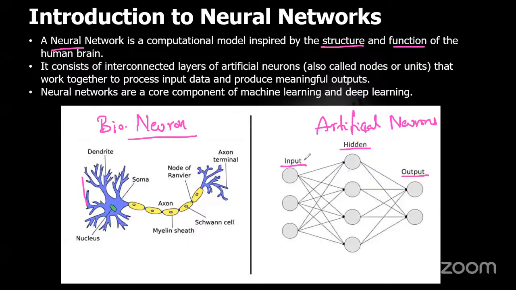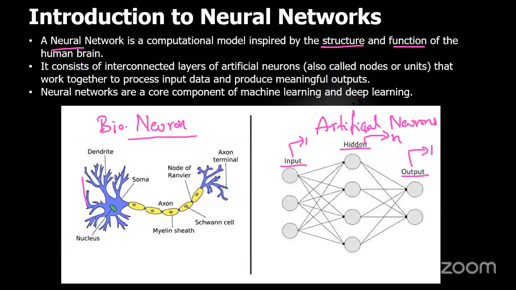Within a neural network, we can have only one input layer, but multiple hidden layers. These hidden layers are responsible for capturing the patterns from the data, and there is only one output layer.